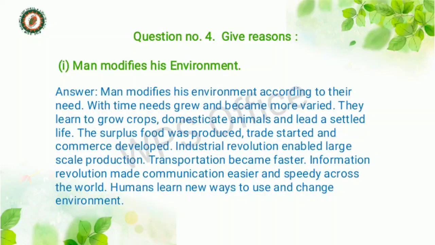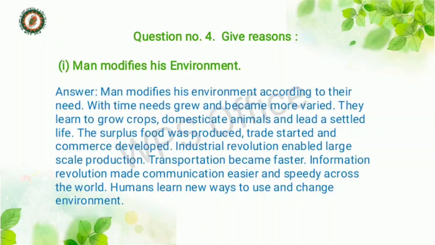Now the first sentence is, man modifies his environment, and the answer is, man modifies his environment according to their need. With time, needs grew and became more varied. They learned to grow crops, domesticate animals, and lead a settled life. The surplus food was produced, trade started, and commerce developed.